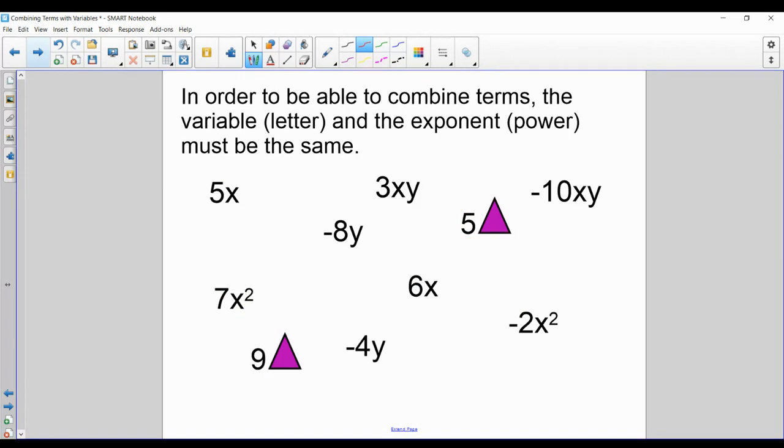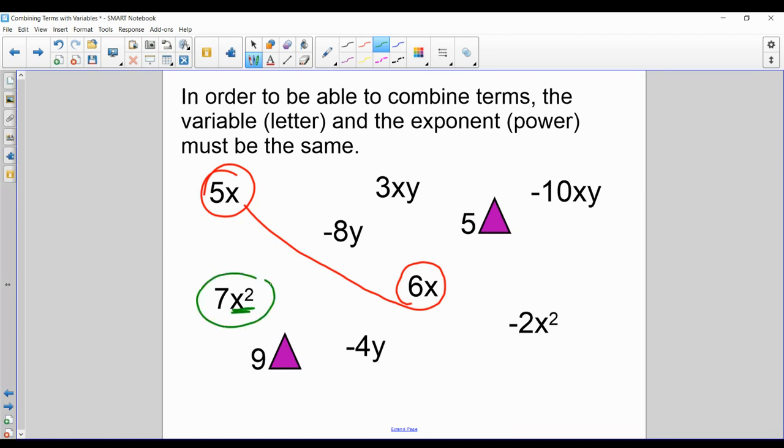So in order to be able to combine them, you have to have a letter that matches the variable, and also the power or the exponent must be the same. So 5x right here can only be combined if I have another one with an x, like 6x. X squared, right, this part of it, can only be combined if I have another one with x squared.